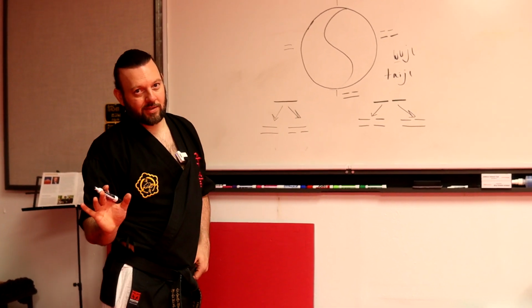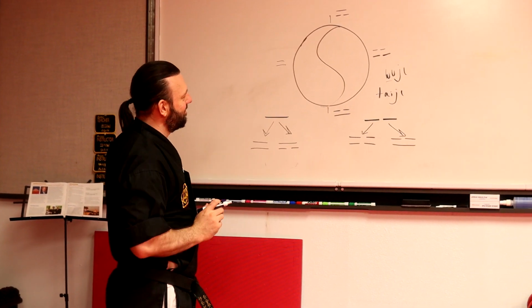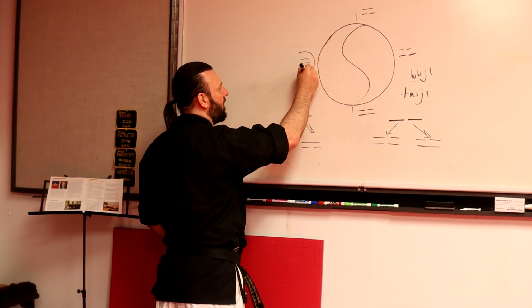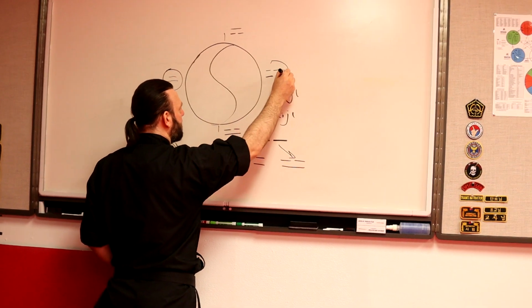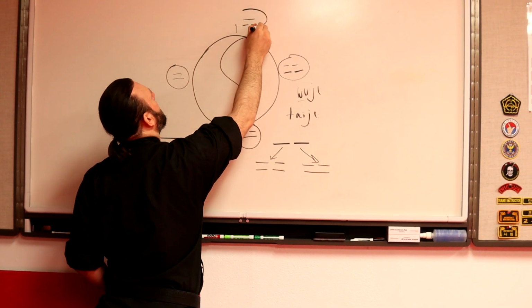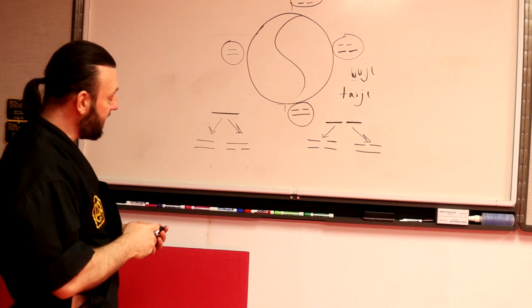Now if you notice, we have 4 designated phases here. Pure yang, pure yin, and then 2 iterations of mixed yin and yang. These are the 4 elements, or they can be.